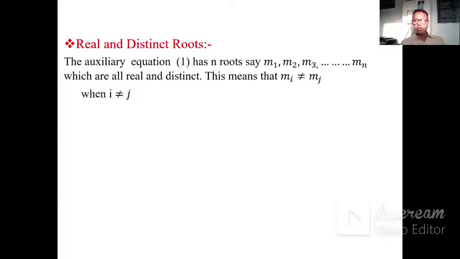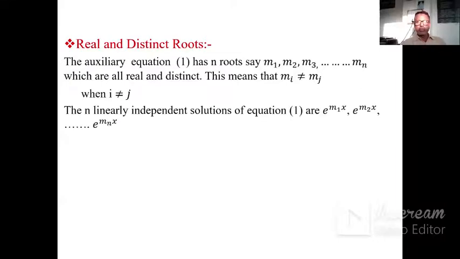Suppose this auxiliary equation has real and distinct roots. Suppose f(m) equals 0 has n roots, say m1, m2, m3, ..., mn, which are all real and distinct. This means that mi is not equal to mj when i is not equal to j. All these roots are distinct.